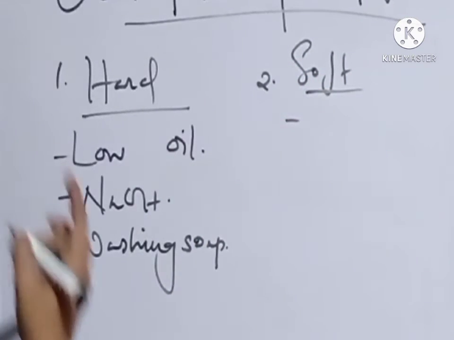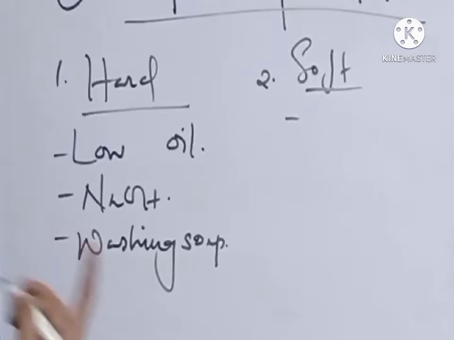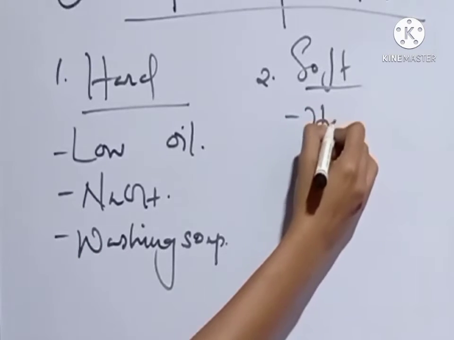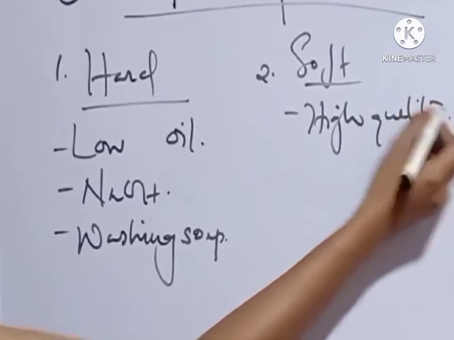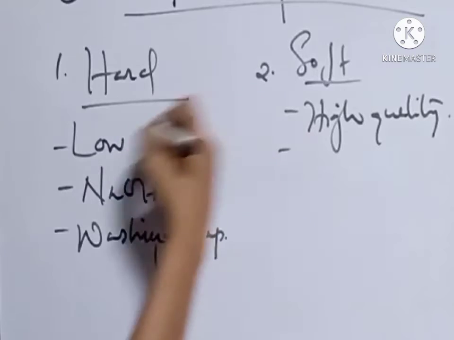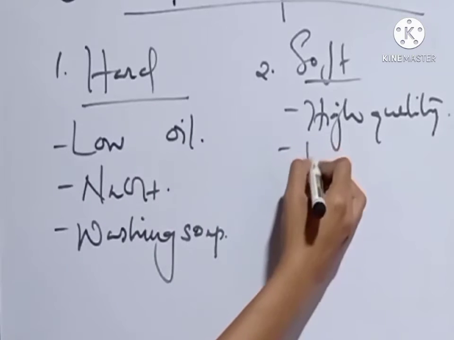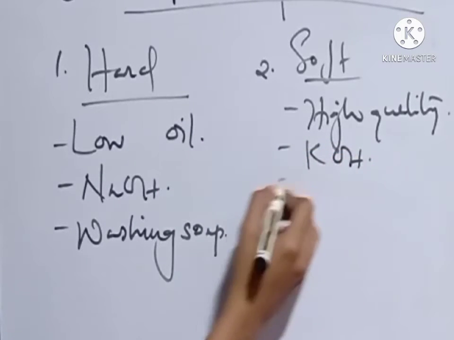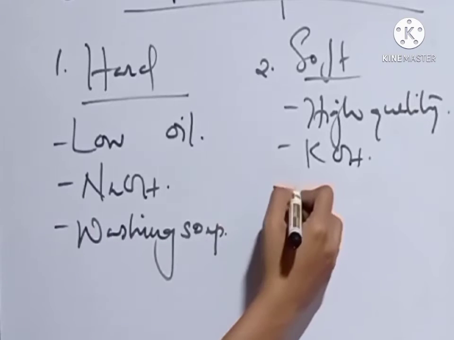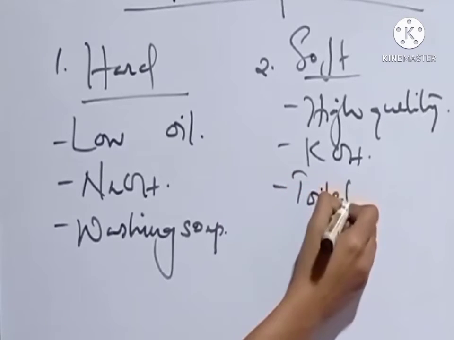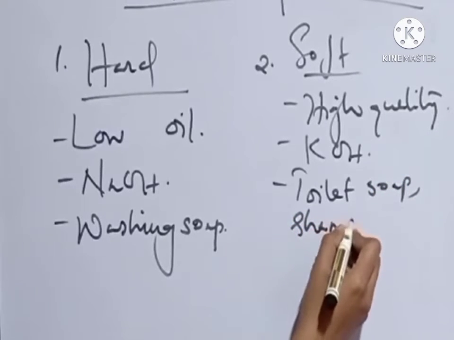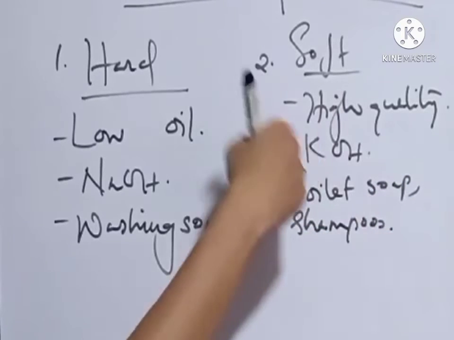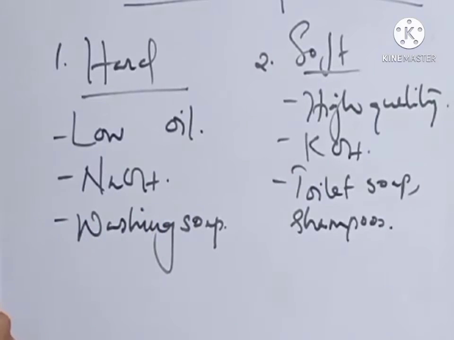The quality of the oil used is very high, so high quality oil is used here. And the base used in the hydrolysis process is potassium hydroxide. Basically, these are used as toilet soap and shampoos, etc. are coming under soft soap category.